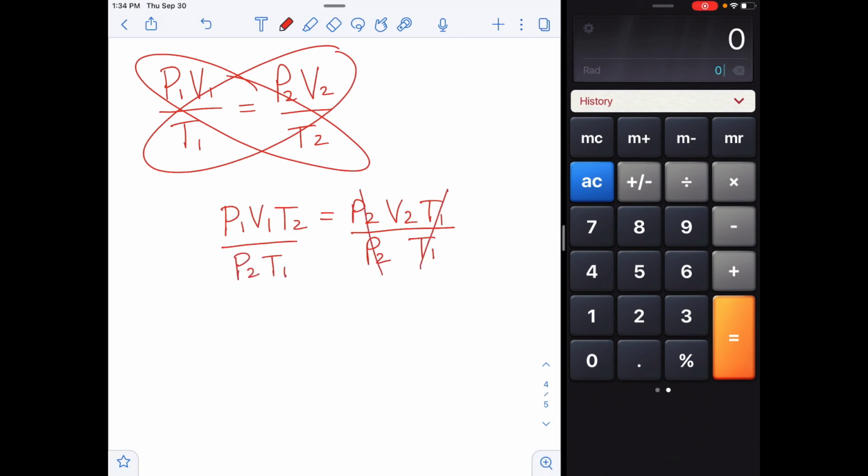That way these cancel, and I'm left with V2 equals P1 V1 T2 over P2 T1. That is identical to multiplying on both sides and then dividing as a whole.